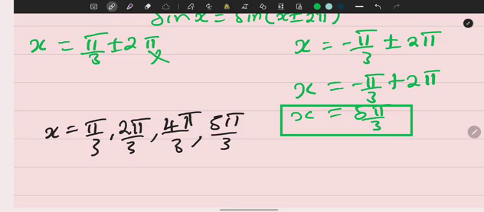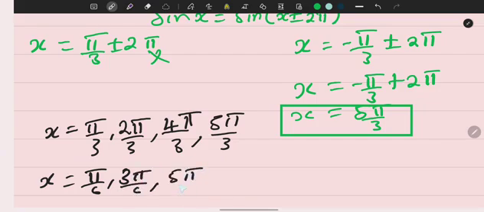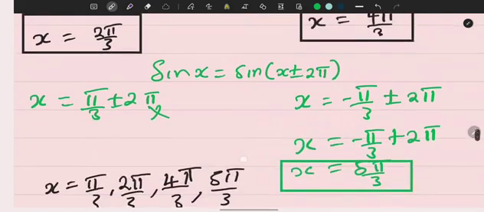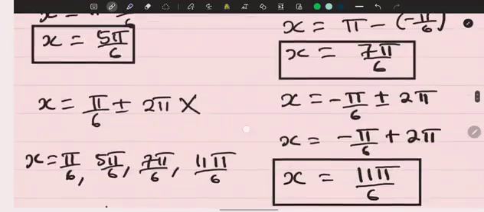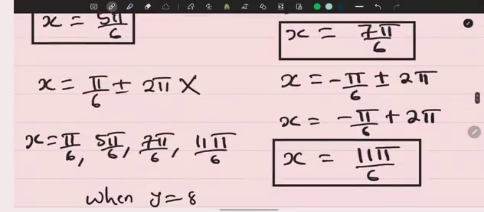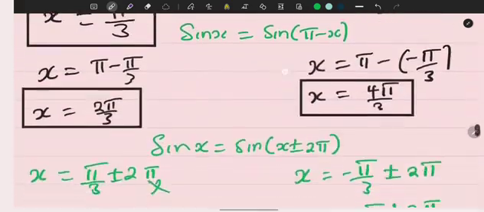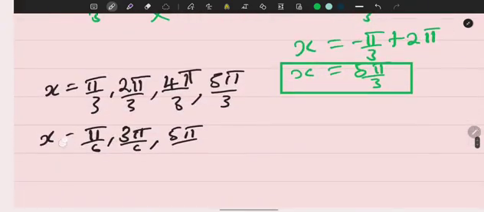So which implies that there are 8 solutions, 8 values of x for this given problem, because we've gotten the first 4 values to be pi over 6, I think, 5 pi over 6. I couldn't remember, but I think we've gotten that here already. Okay, 5 pi over 6, 7 pi over 6, and 11 pi over 6. So altogether we have 8 values for x.